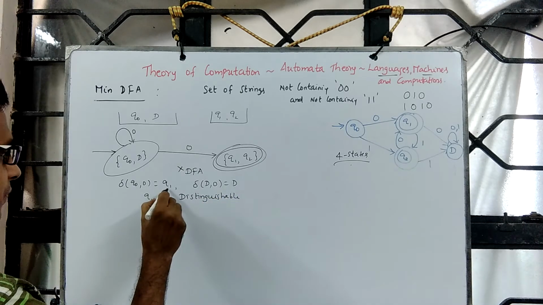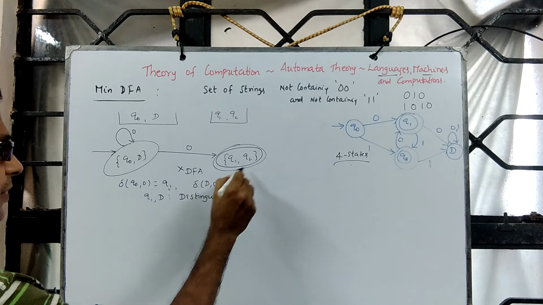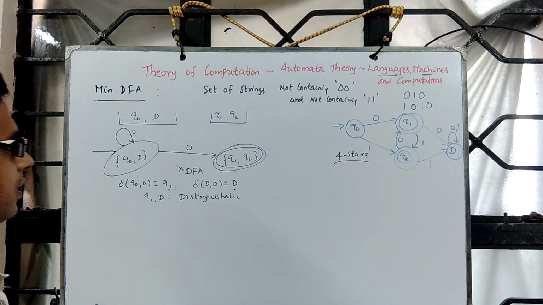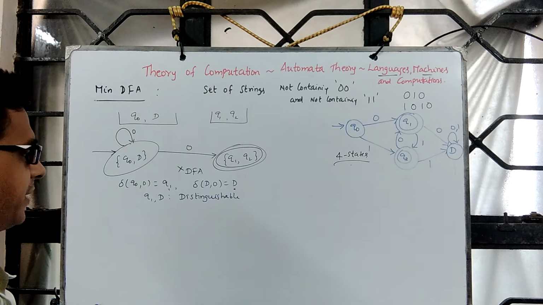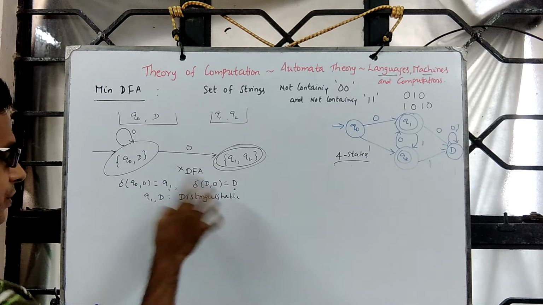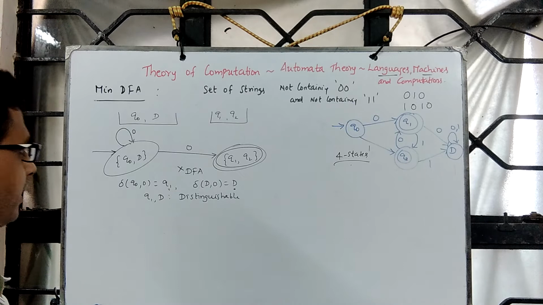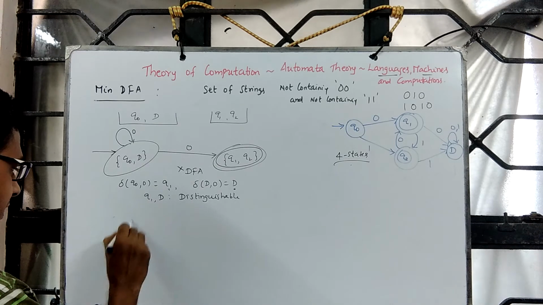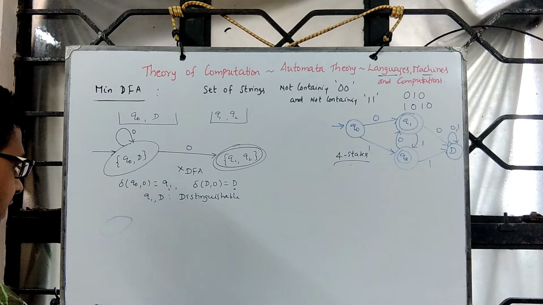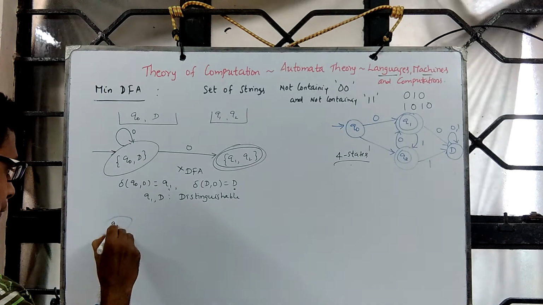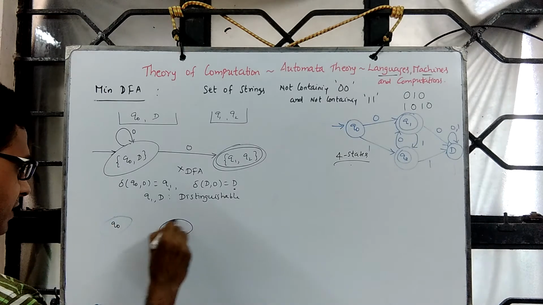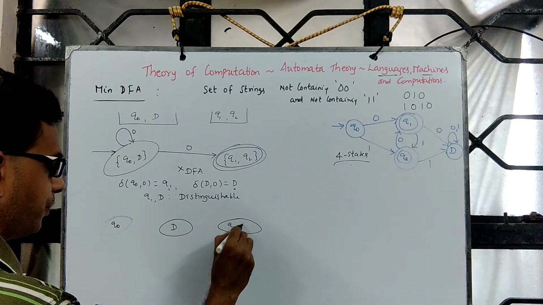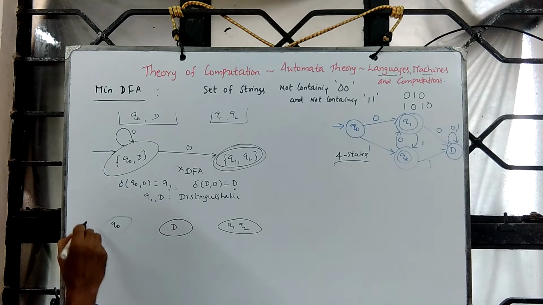So the output of this is one partition, the output of this is another partition. If it goes to two different partitions, then those two states are distinguishable, which means we need to split them. So if we split them, we get Q0 and another state D, followed by Q1, Q2.